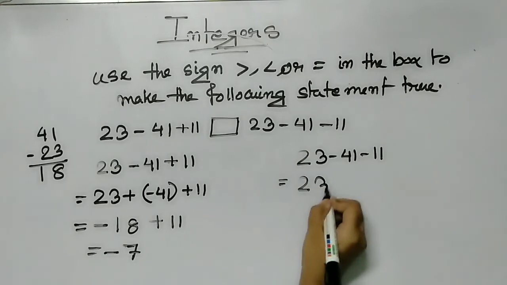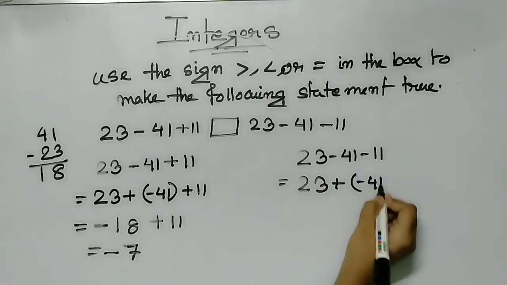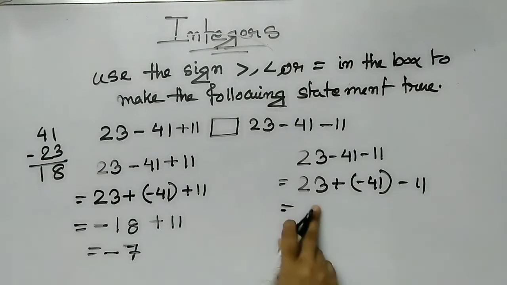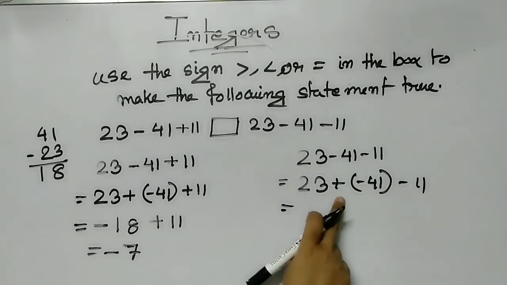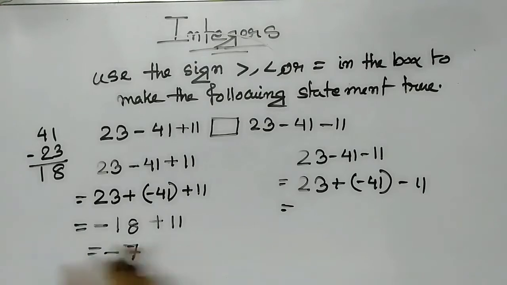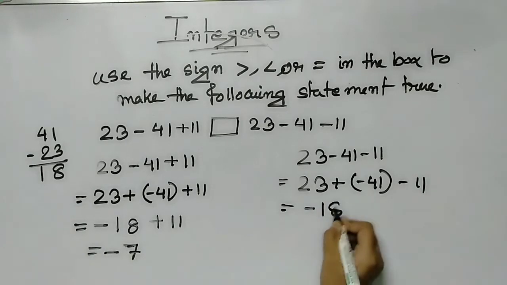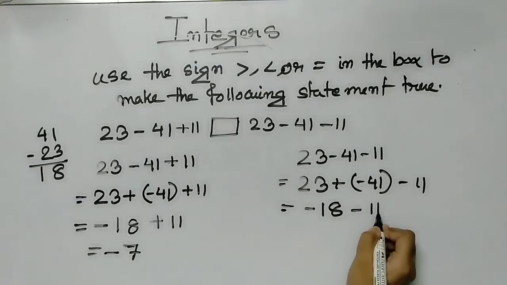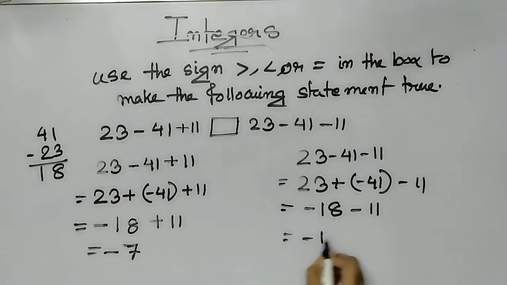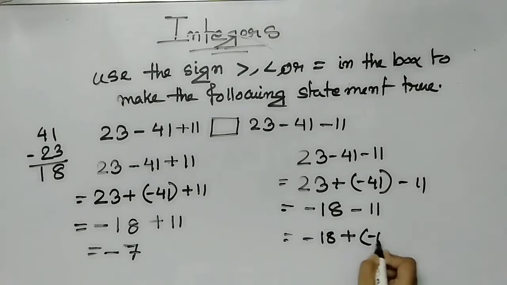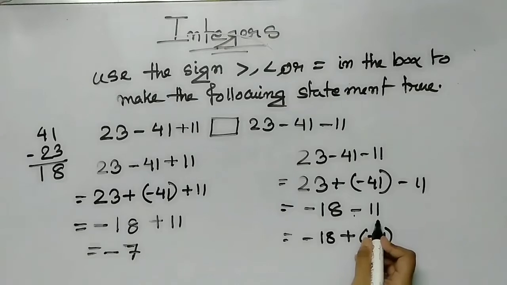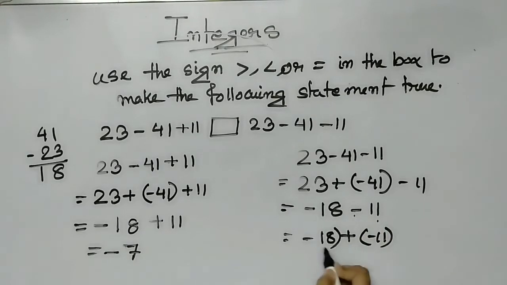Same, 23 plus minus 41 minus 11. So what will be the value of 23 plus minus 41? Minus 18. So we have to write minus 18 minus 11. So minus 18 plus minus 11, because minus is the sign of 11. So we have to add minus 18 and minus 11.